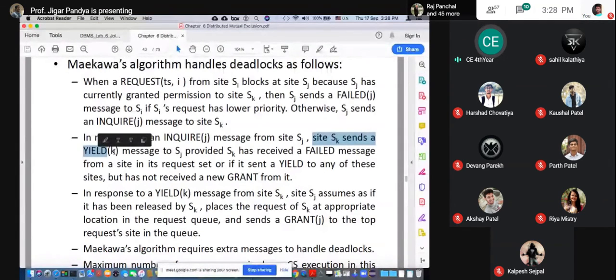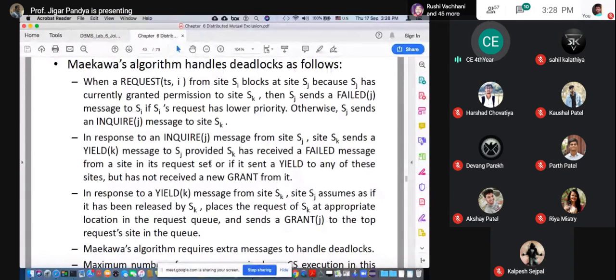Yield means giving up. We are right now talking about site SK. It has received the inquire message from J, and what will SK do? SK will send a yield message to SJ, provided SK has received a failed message from a site in its request set.